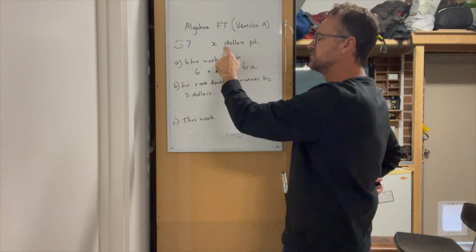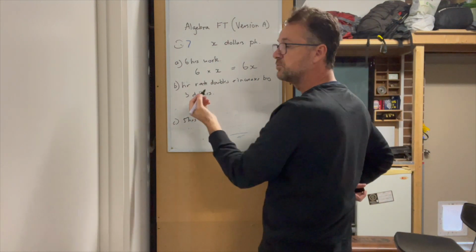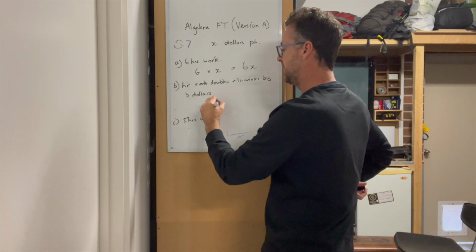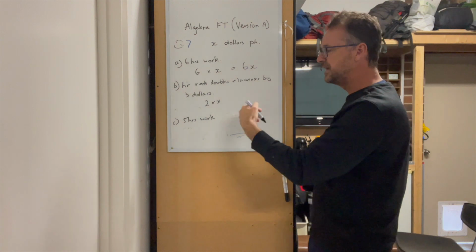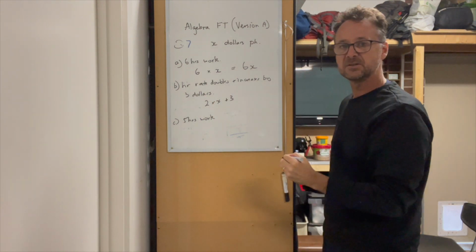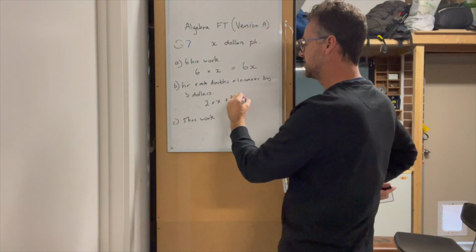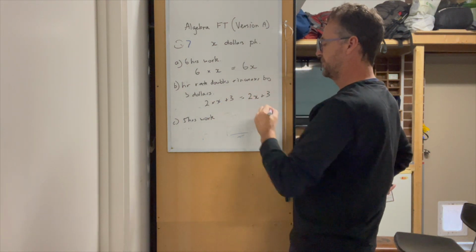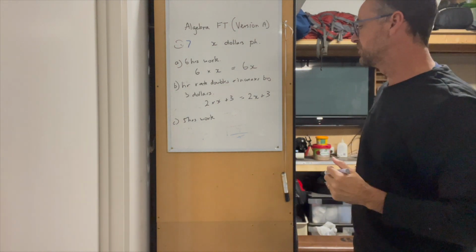So back to the original data, which is x. So it's going to be double, which is times 2, so 2 times x, okay? And then we're going to increase it by 3. So that's going to create 2 times x is 2x plus 3 as our simplified expression.